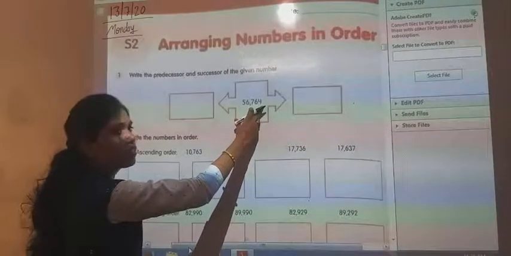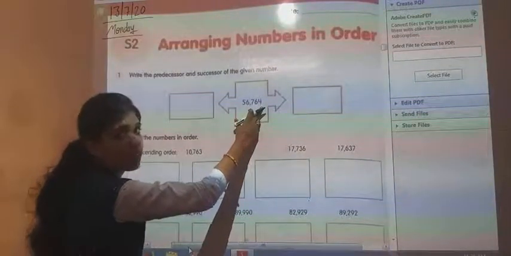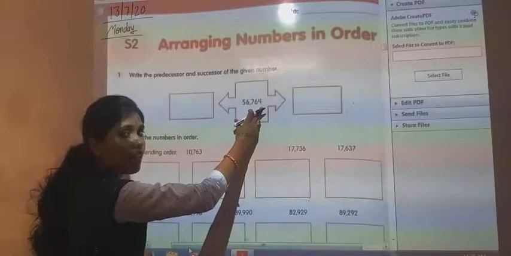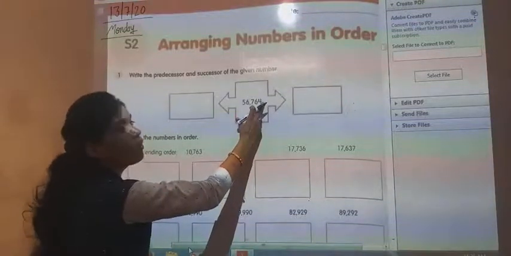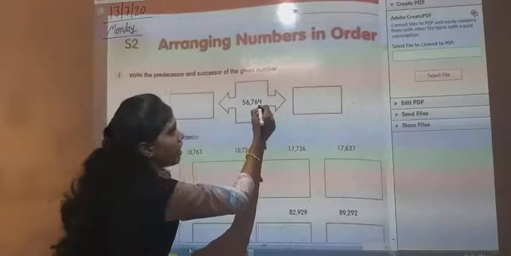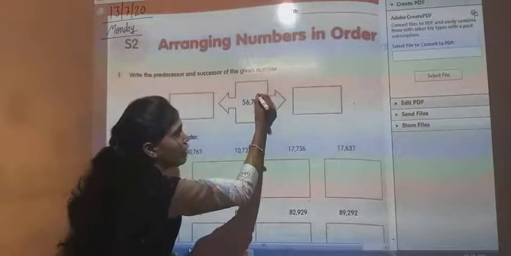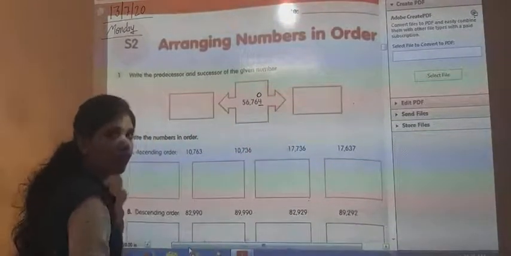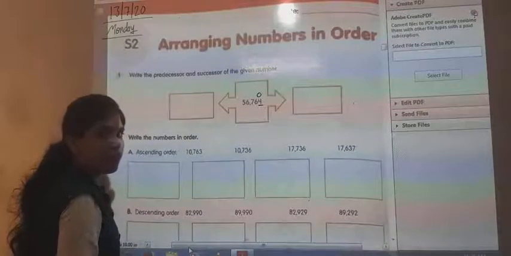We will start from the ones place. We have 4 at the ones place.